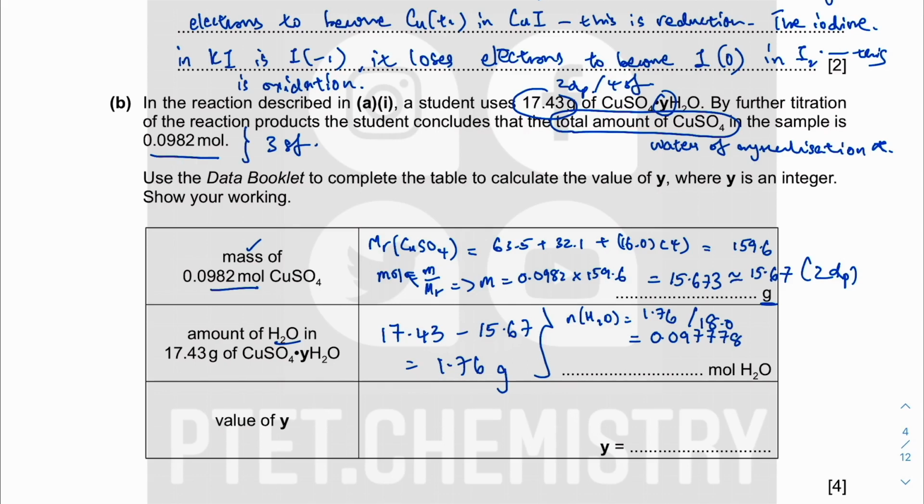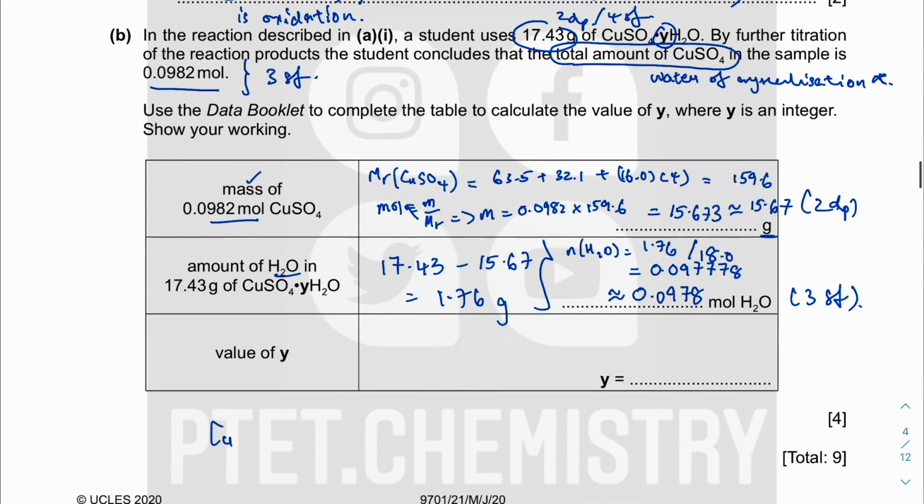I've shown it to a higher level of accuracy, so my final answer, I should round to 3 sig fig, based on the mole being 3 sig fig given in the earlier question. So what else do we know? We know the mole of CuSO4. We know the mole of the H2O now. In this equation, you should have realized that. What does it mean?